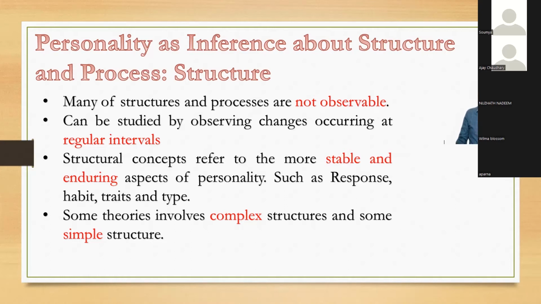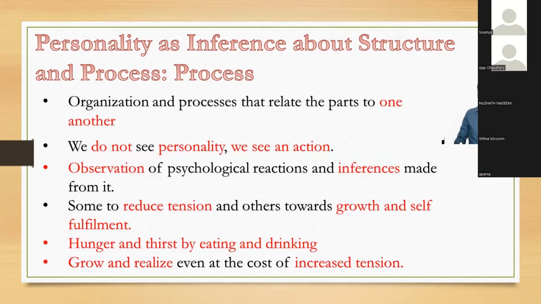To explain these there are some complex theories and some simple theories. Various theories we will be reading about in our upcoming units. So next, about process: organization and processes that relate the part to one another.